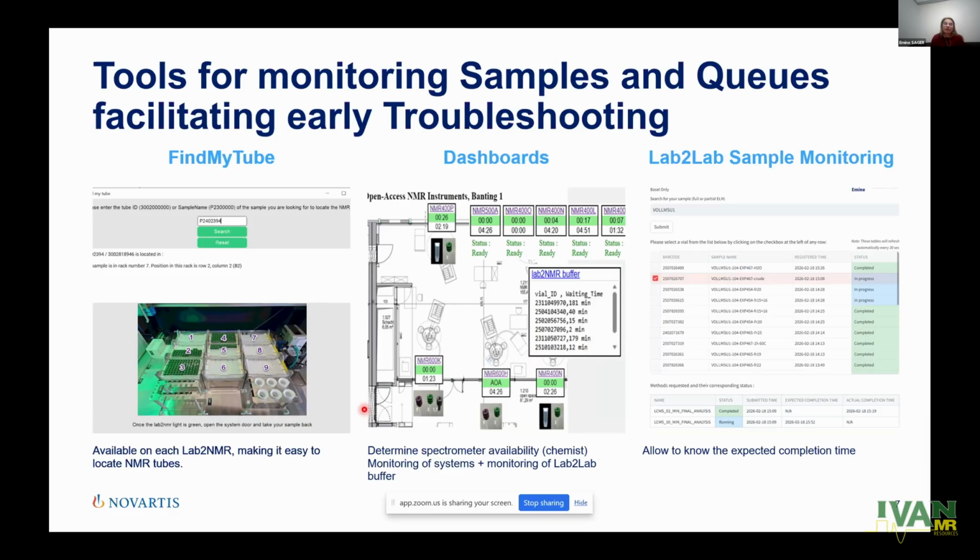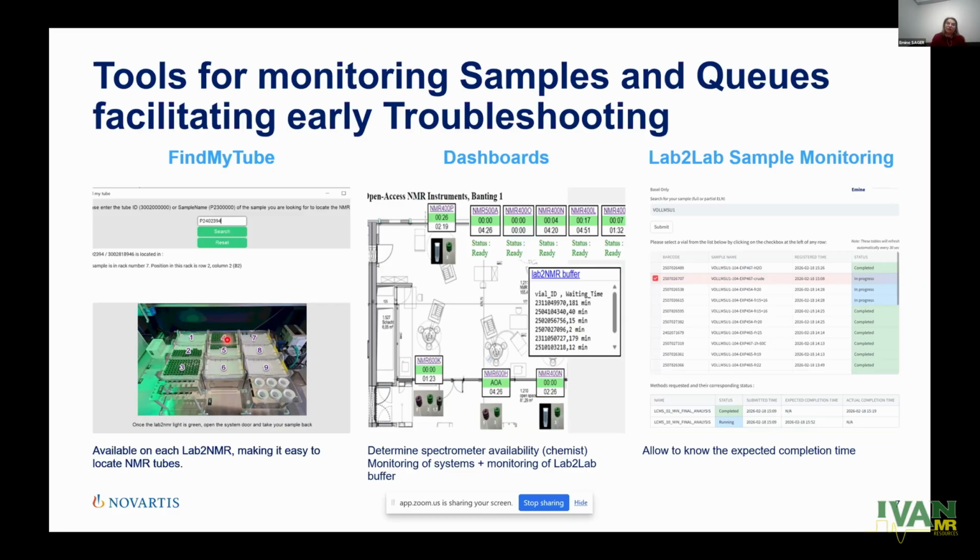Then we have 5 lab-to-lab, and in a day, per spectrometer there are a minimum of 25 tubes measured, and they stay here. And in order to find one easily, you can imagine the 2D barcode is not easy to read.